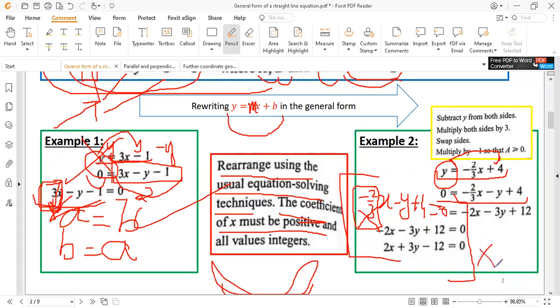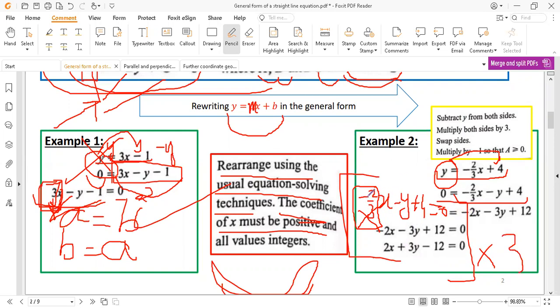Normally, when we are working in an equation, to get rid of a number, if it is a plus, for example, we subtract. If it's divided, we multiply by 3. We multiply by 3 all the terms in the equation.